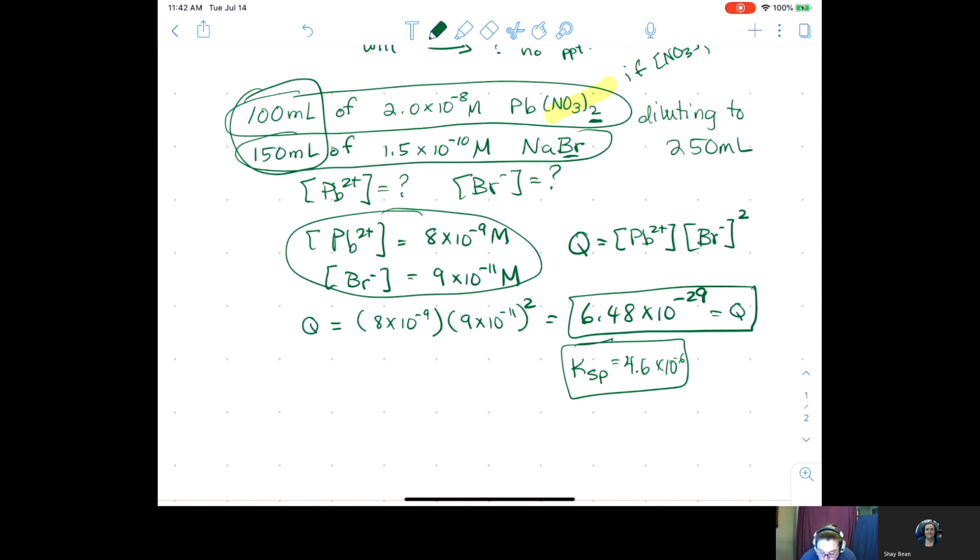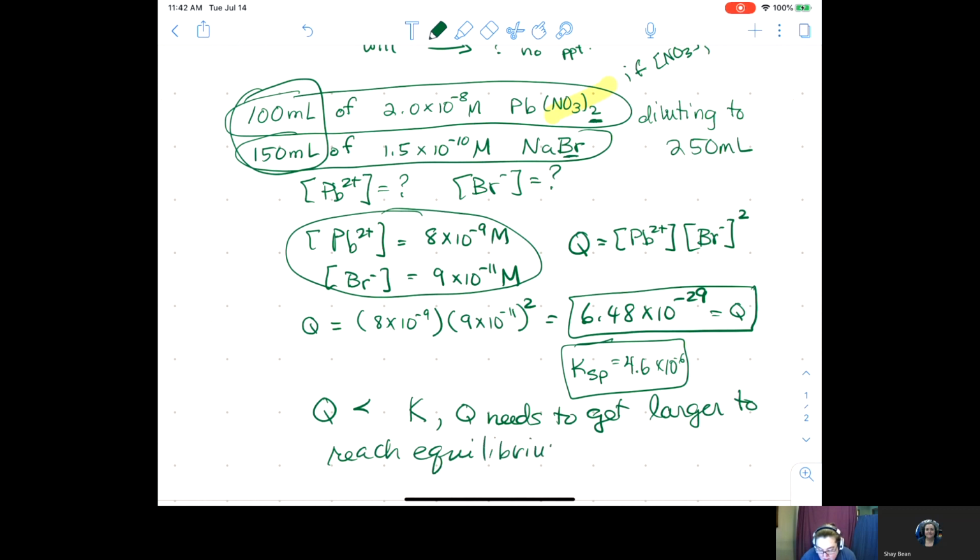And since Q is much, much less than K, all it has to do is be less than K, Q needs to get bigger to reach equilibrium, and it will do so by shifting to the right. If Q needs to get smaller, it will shift to the left. If Q needs to get larger, it will shift to the right.